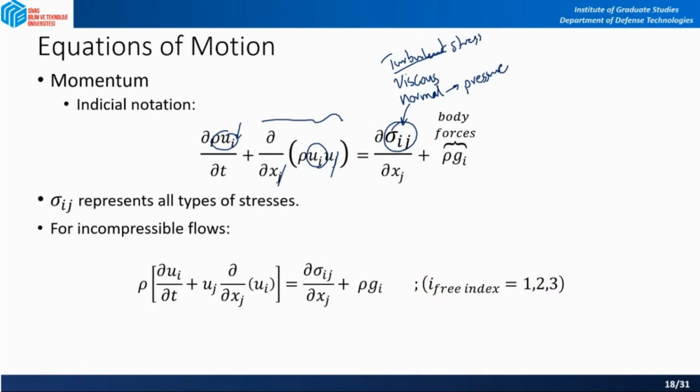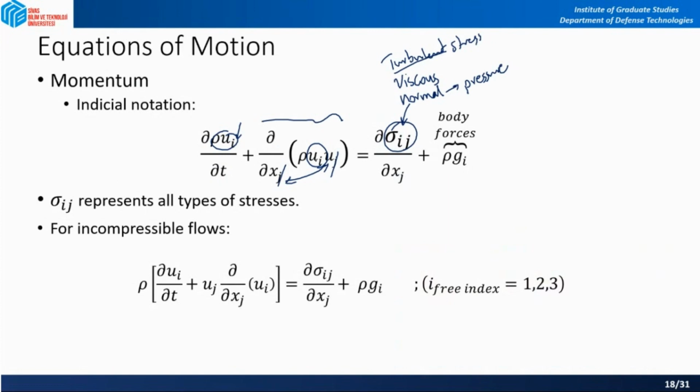d dxj of rho ui uj. As we said, j is a dummy index, but i is a free index. It should be consistent in every term in the equation. So each term should have this free index within.